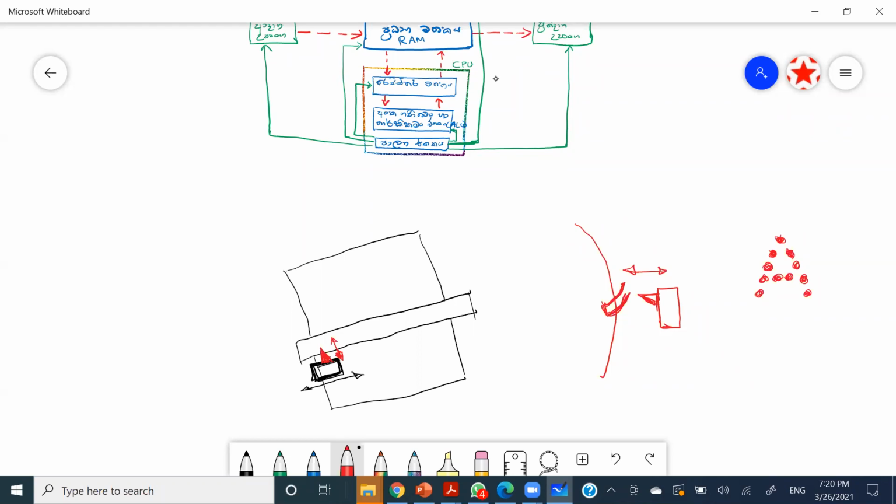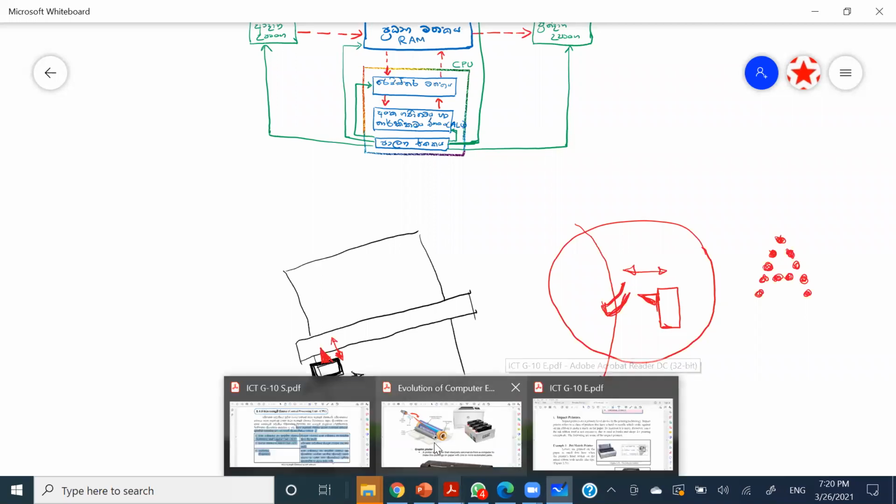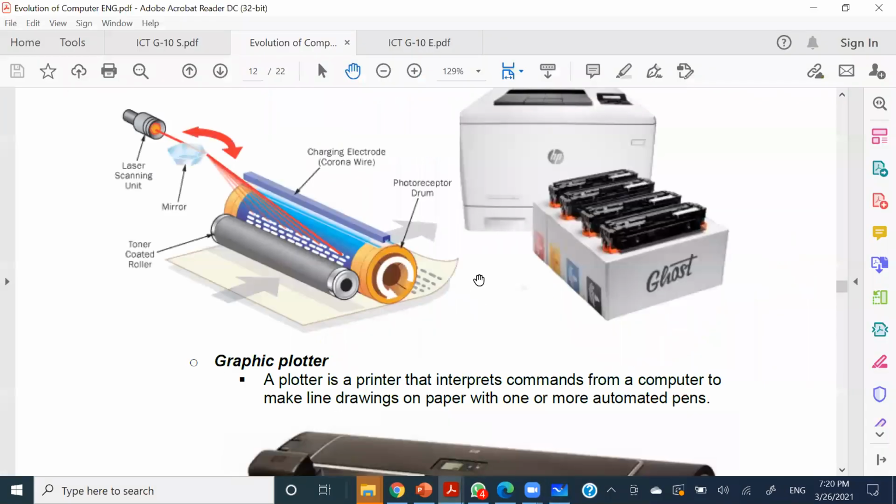Since the print is made by an impact, these printers are called impact printers. In Sinhala we say it as collision, it hits, right? So it is called the impact printers. The other category is called the non-impact printers. Let me show you some pictures regarding the non-impact printers, right?